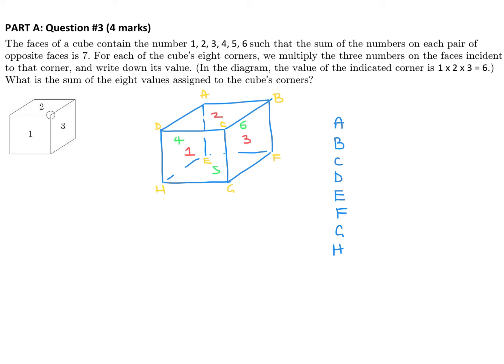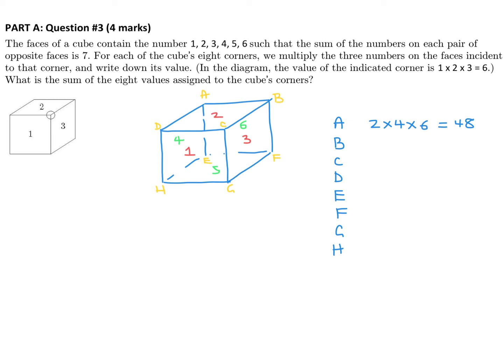For A, the numbers incident to that corner are 4, 6, and 2, right? So the value of A is 2 times 4 times 6, which is 48. Okay, let's do one more. For B, the numbers incident to that corner are 2, 6, and 3.